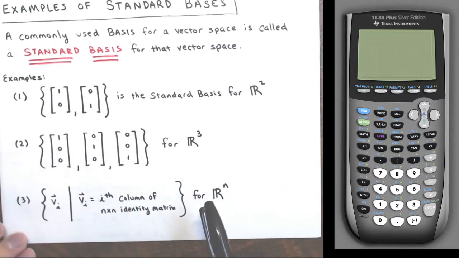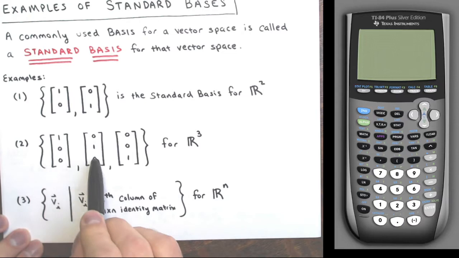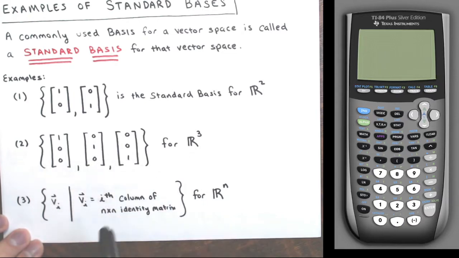So in general, for n-dimensional Euclidean space, Rn, the standard basis is all the vectors, I called these vectors vi, such that vi is the ith column of the n by n identity matrix. So vector v1 would be the first column. This would be v1, v2, and v3 if I was talking about R3.